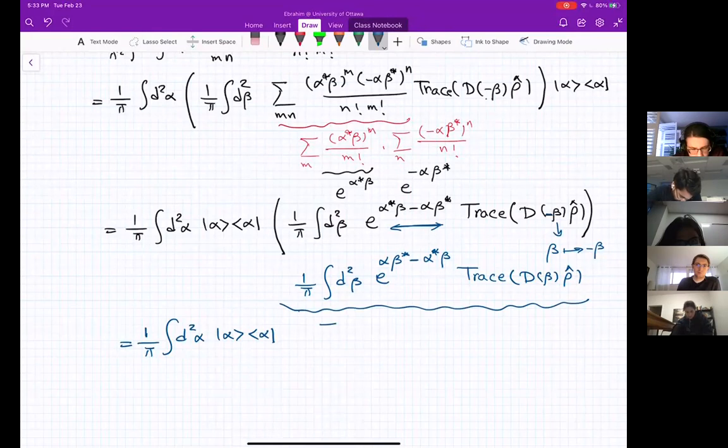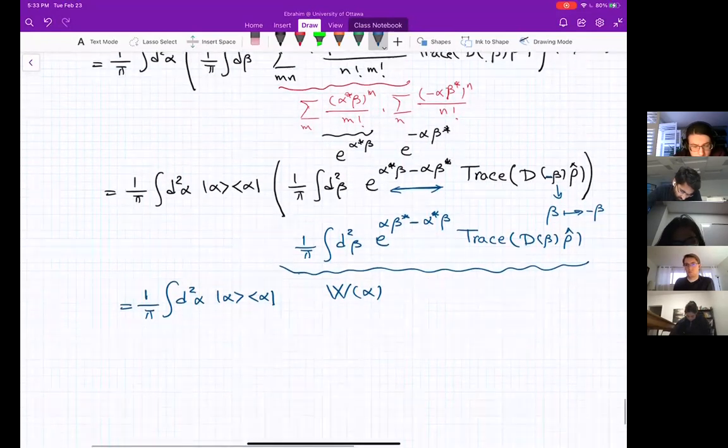Yes, we do have pi, okay. That's fine. I call it W of alpha. I was just worried about the normalization factor, which is fine. If we don't have it, then we will add a pi in the calculation.